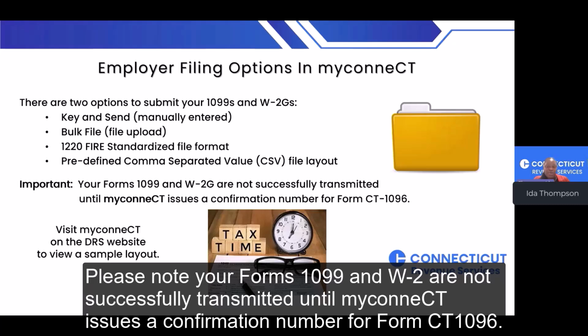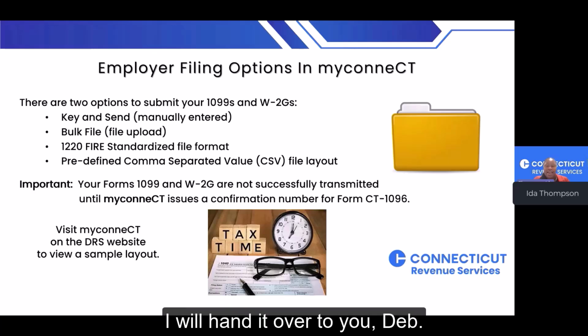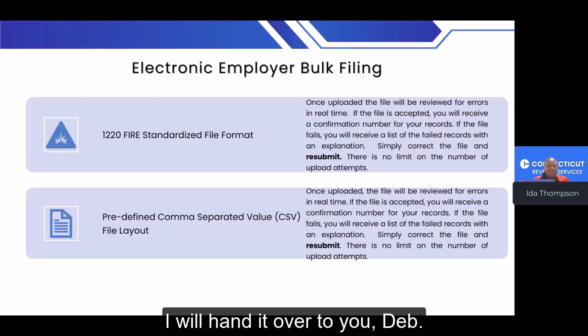Please note that your Forms 1099 and W-2s are not successfully transmitted until MyConnect issues a confirmation number for Form CT 1096. You can visit the DRS website to view a sample layout. I will hand it over to you, Deb.